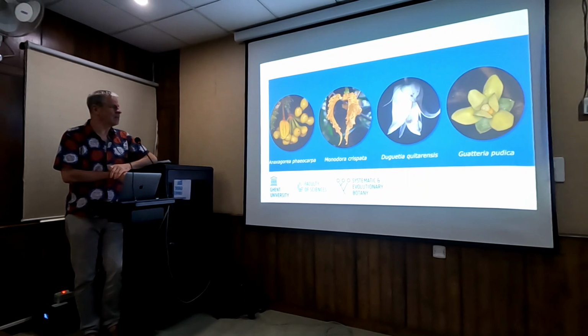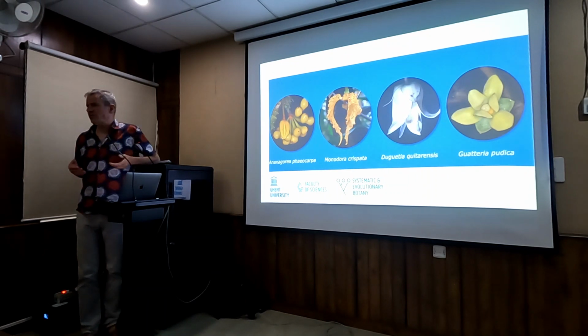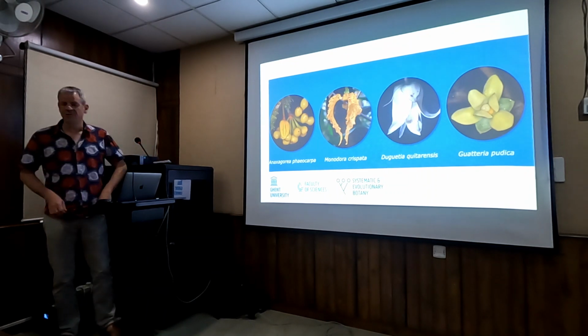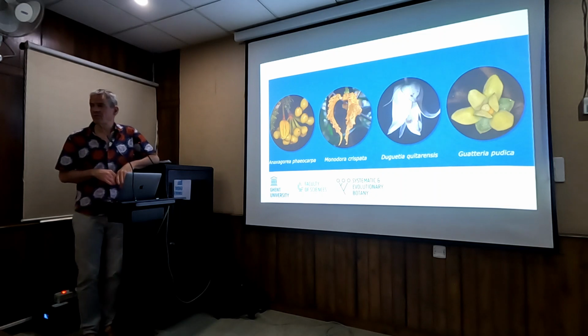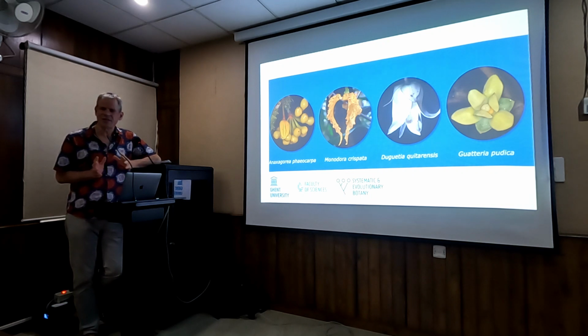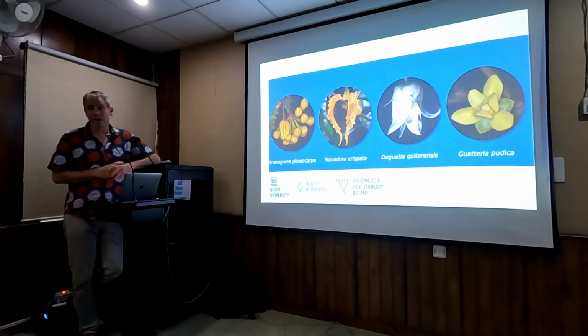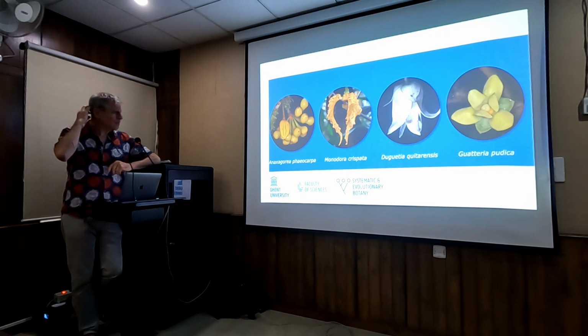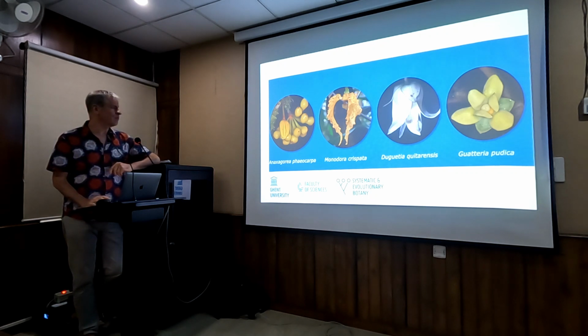So my research specialty, my pet group, so to say, has been Annonaceae, a pantropical family of trees and lianas of around 2,500 species, worldwide in essentially tropical rainforests. Here are just a few examples from Africa and the Neotropics.